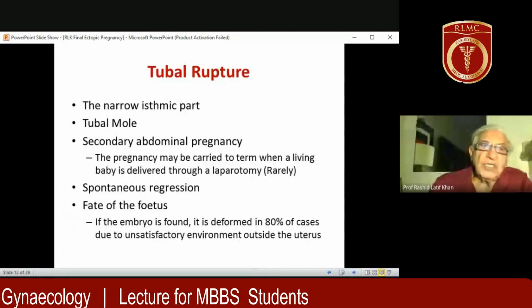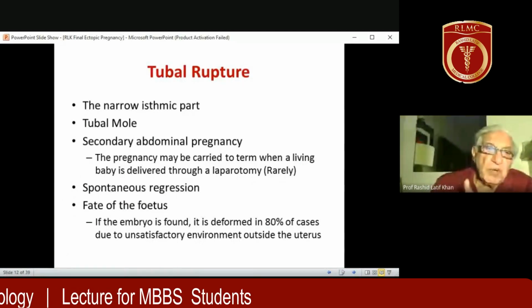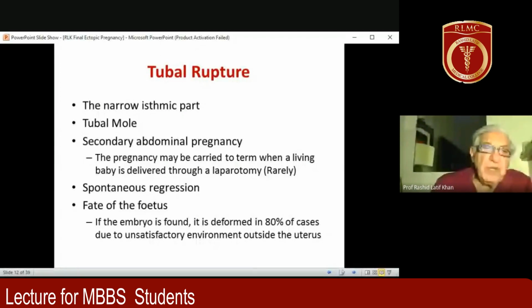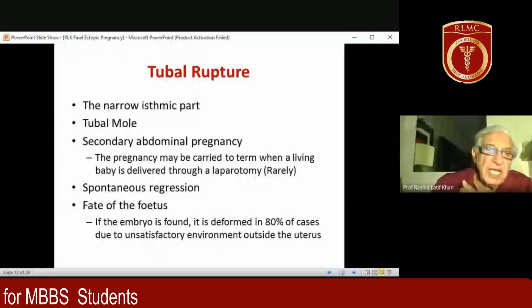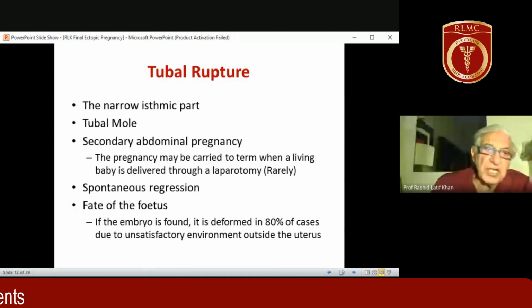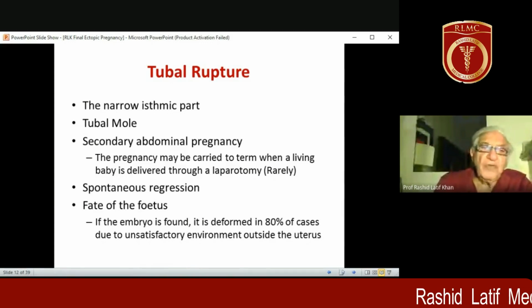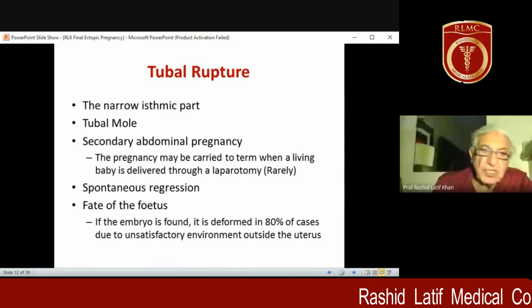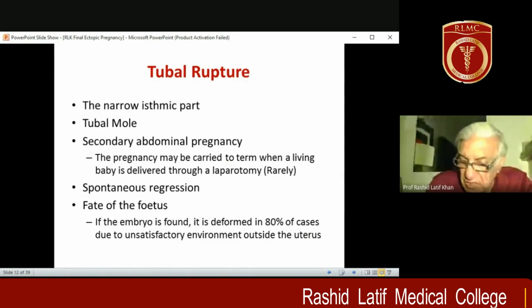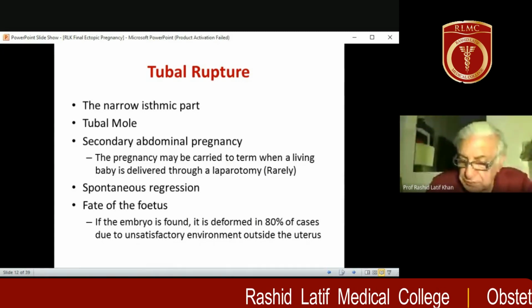And once the rupture takes place, possibility is there'll be a lot of bleeding in the peritoneal cavity, and the egg will disappear or disintegrate. Rarely, secondary abdominal pregnancy takes place, and the fetus may survive, but there are only a few documented cases of such babies being delivered through the abdominal route.